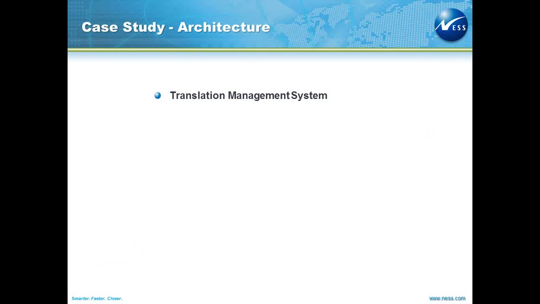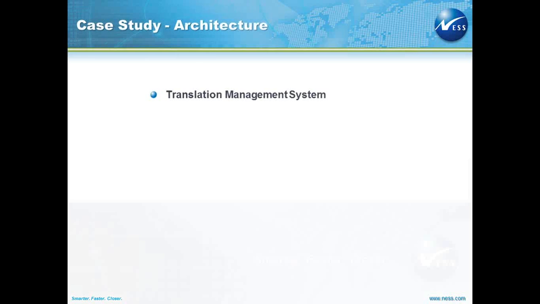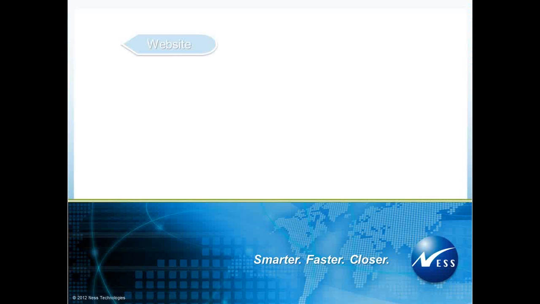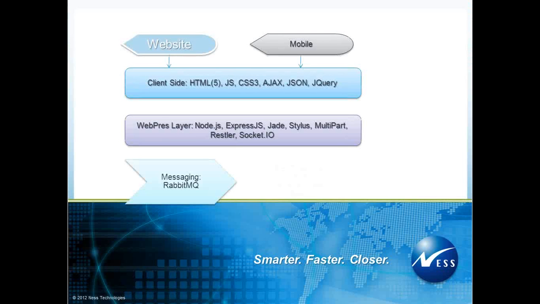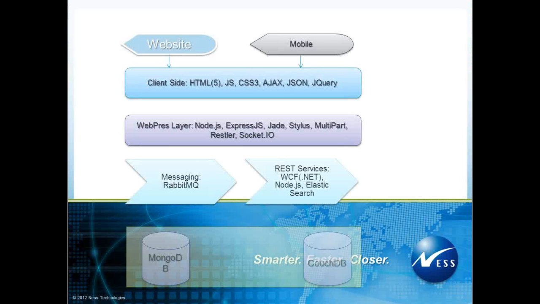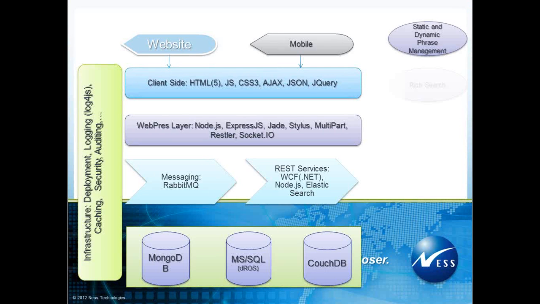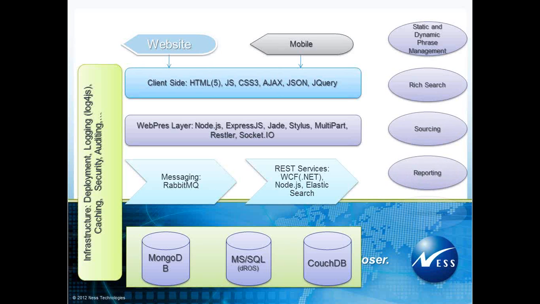So we look at the small portion over here, the translation management system. As you can see, as the architecture comes up on your screens, the TMS is consumed by a website and by mobile. So we have responsive web design support.